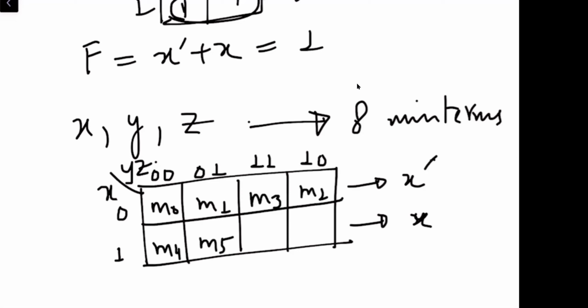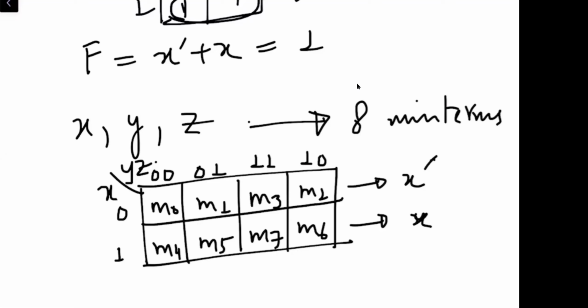Then we have x is 1, y is 1, and z is 1, which is m of 7. And then we have 1, 1, 0, which is m of 6. So in this way we are able to label the boxes with their respective minterms, right? Are you with me?